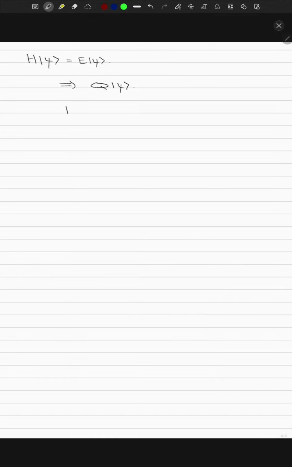So the Hamiltonian on Q acting on state psi is equal to E Q on state psi.